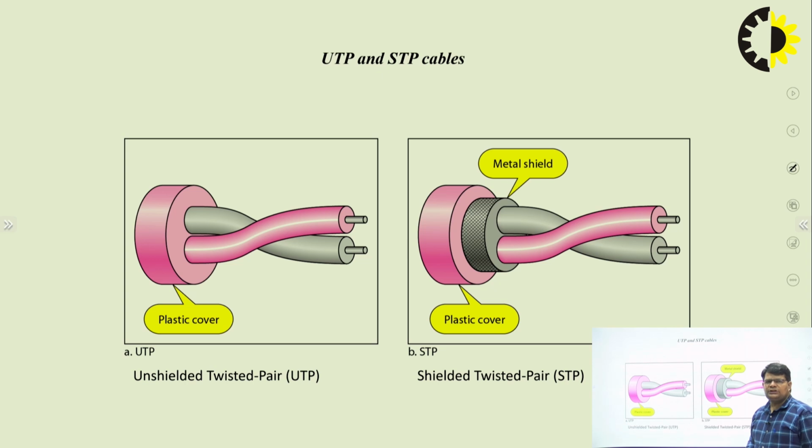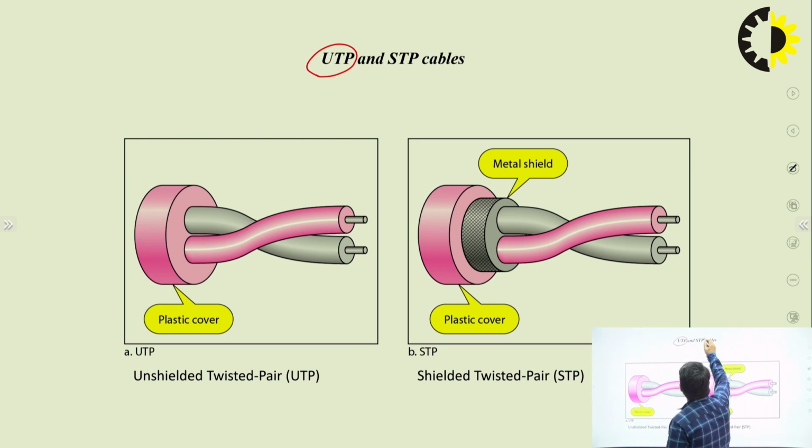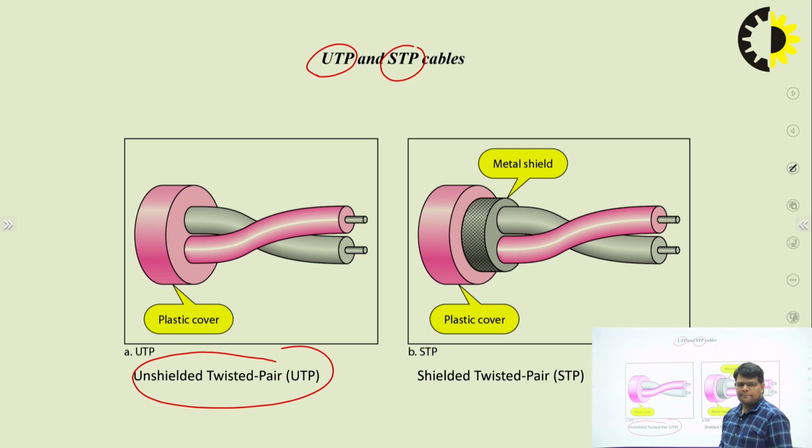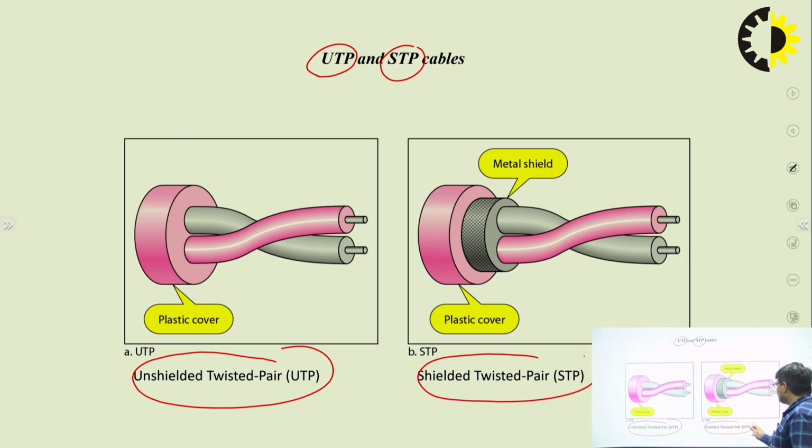This twisted pair wire can be of two types: UTP and STP. UTP stands for unshielded twisted pair and STP stands for shielded twisted pair. In the diagram we can see that in the shielded twisted pair we have a metallic shield over the insulating material.